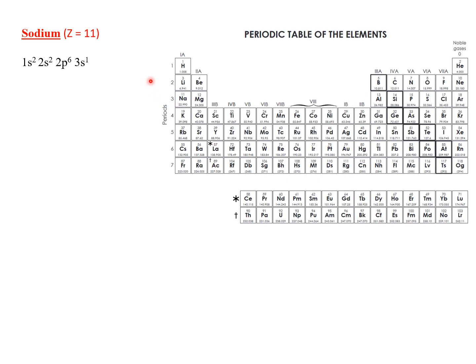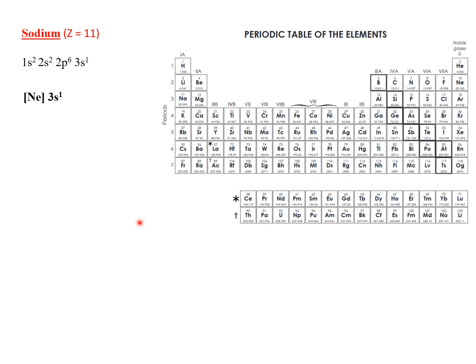The previous noble gas is the noble gas in the second period, that is neon. So without writing 1s2 to 2p6, the first 10 electrons, we can write neon, and then the remaining configuration is 3s1. You can see we write neon within square brackets, then 3s1.